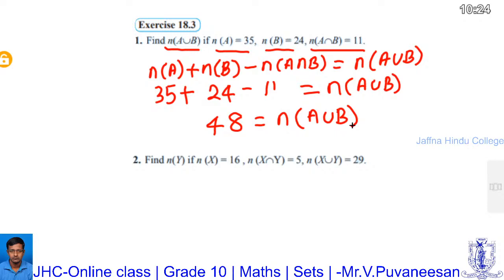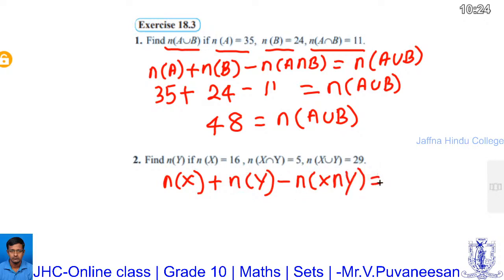Here also we use the formula, with x and y. Number of x plus number of y minus number of x intersection y is equal to number of x union y. This is the common formula. Now we substitute the values given.